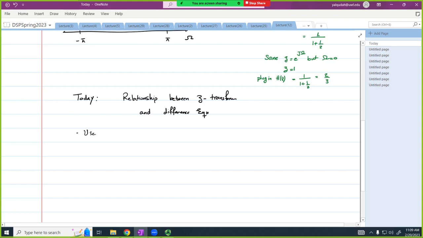We're going to be using the time shift property that says x of n minus n0 has a z transform that is z to negative n0 multiplied by x of z, to go between a difference equation and transfer function.